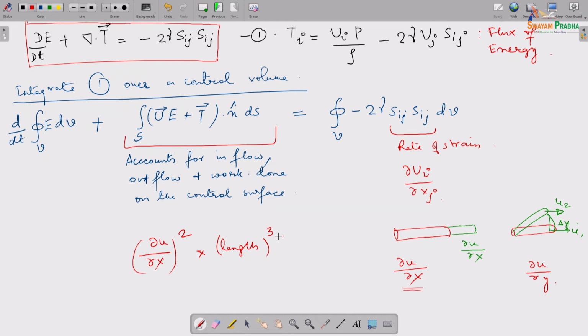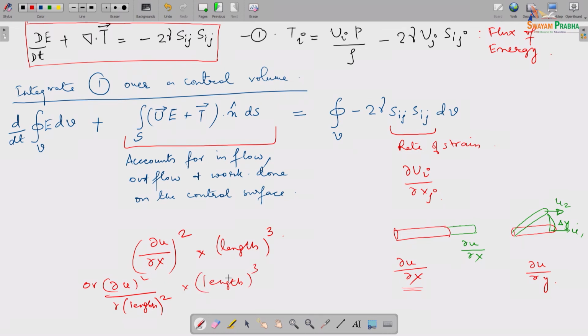So it will be del u over del of some length, squared, into length cubed.